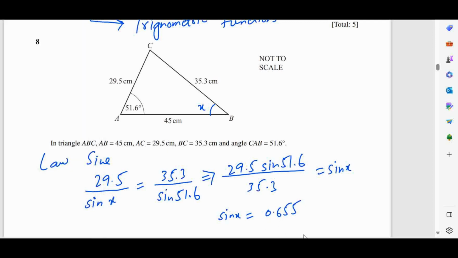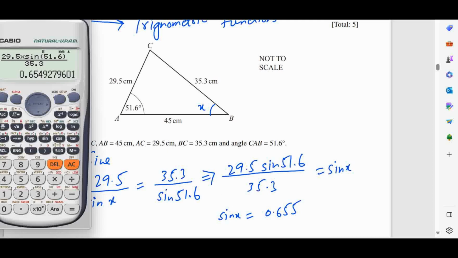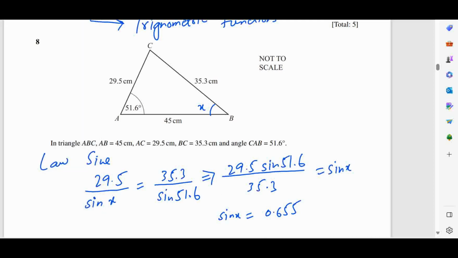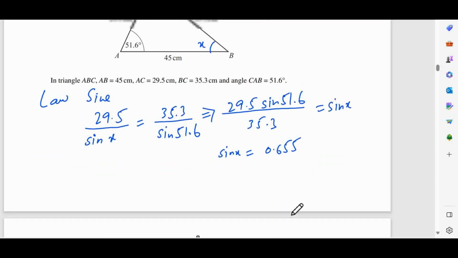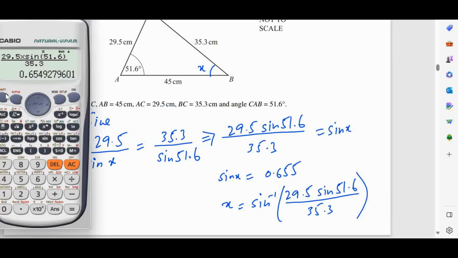Be very careful about this, do not round it off. Try to use the accurate values in the calculator to find out the value x or the angle ABC. So this will be sine inverse of your previous answer. If you take the shift sine inverse of the answer, this will be equal to 40.91.